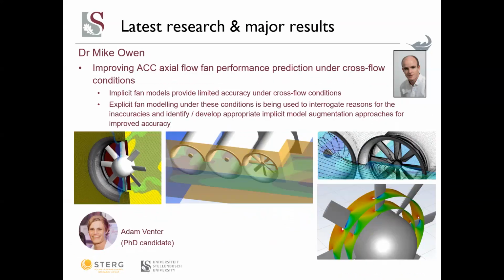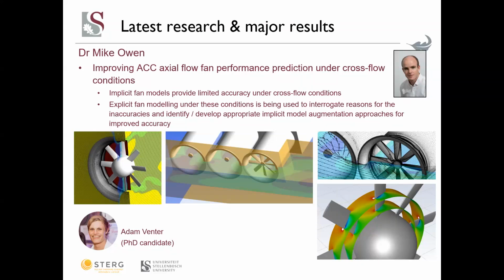Lastly, Dr. Owen also looks at improving ACC axial flow fan performance prediction under cross-flow conditions. Normally when large ACC simulations are performed, it's computationally very expensive, and you cannot explicitly model all the fans. So implicit fan models are normally used to model the ACC fan performance for the big ACC.